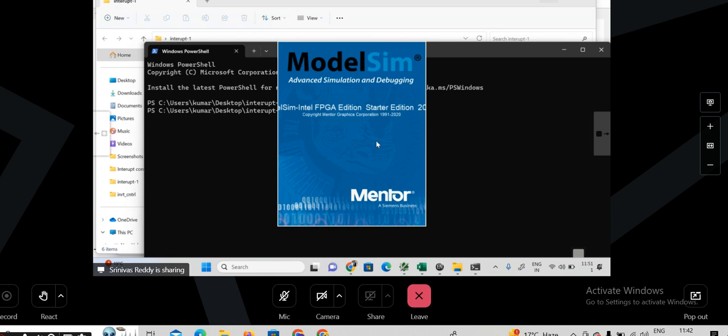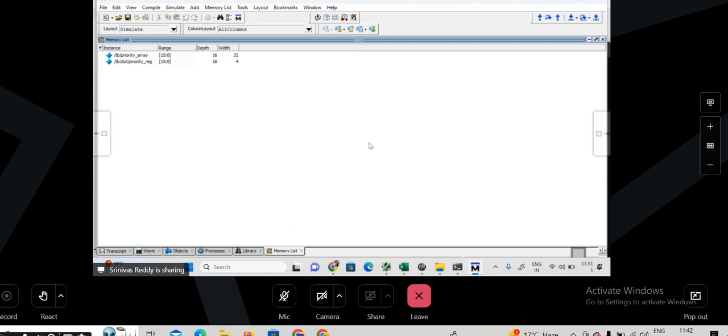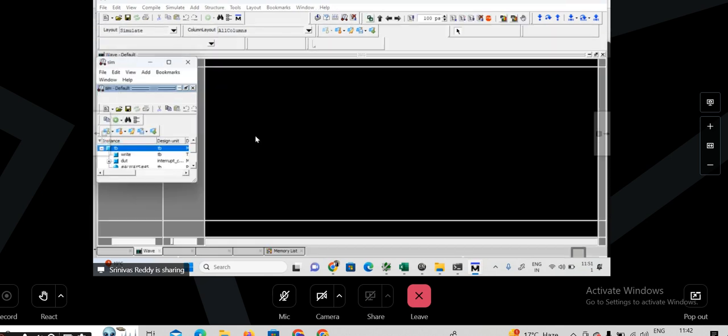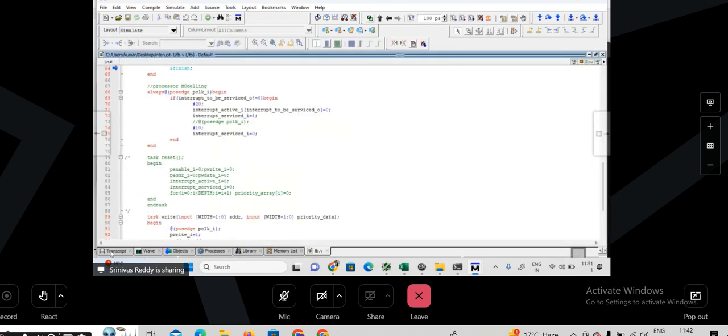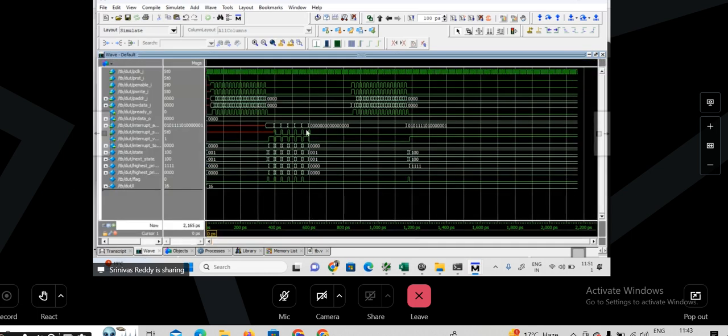In this case, if I change, what is the write operation?